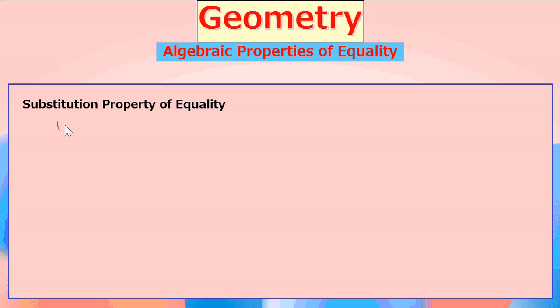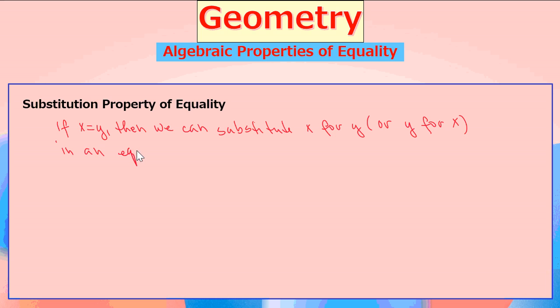So if we are given two variables or two values that are equal, let's say x and y, then we can substitute x for y or y for x in an equation or expression.